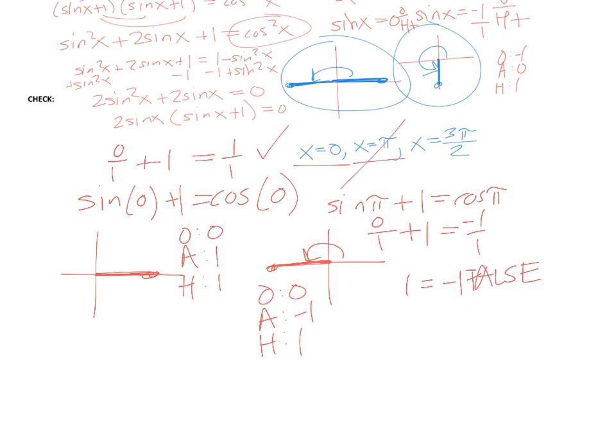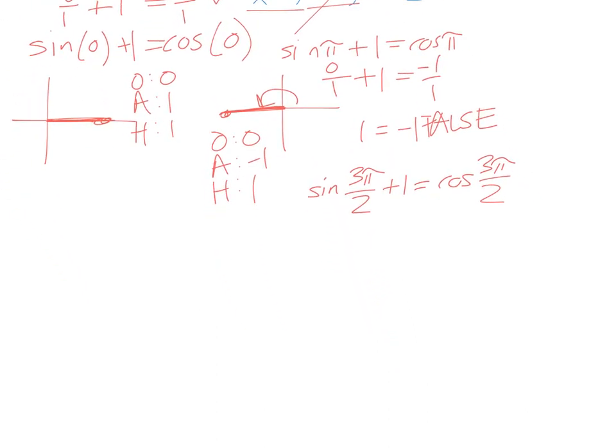And then for the next one, I have sine of 3 pi over 2 plus 1 is equal to cosine of 3 pi over 2. All right, drawing a diagram for that, I have this. Rotate 3 pi over 2. And I have adjacent, opposite, hypotenuse.